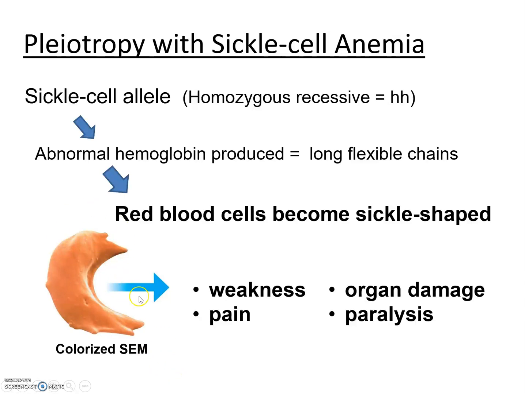So there is your genotype with the abnormal homozygous recessive trait, and what comes out of this process is our phenotype. You see weakness, organ damage, pain, and paralysis, and these people also end up with anemia. They have a problem with the transport of oxygen in their body, and that is more than likely what's causing a lot of these phenotypic problems.